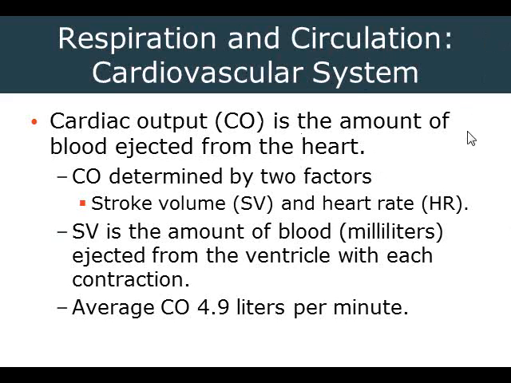So those subtle changes can be significant, but the nice thing is we have compensation. If we have a low stroke volume, maybe because we're low on blood, and our body picks up the heart rate, it brings the cardiac output up to where our norm is. The average cardiac output is somewhere around 4.9 liters per minute, or 4,900 milliliters.